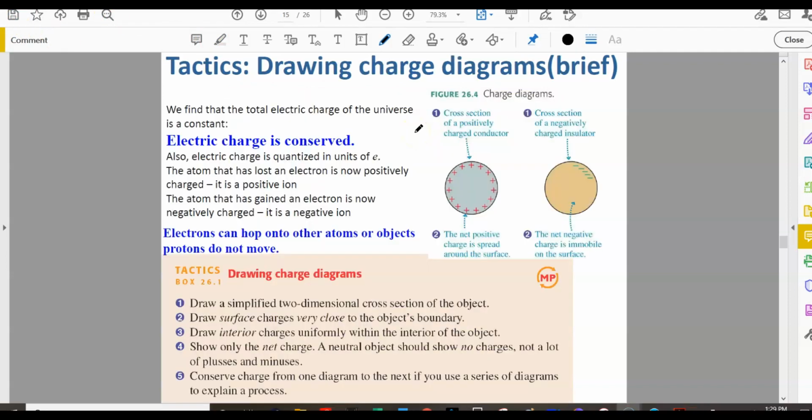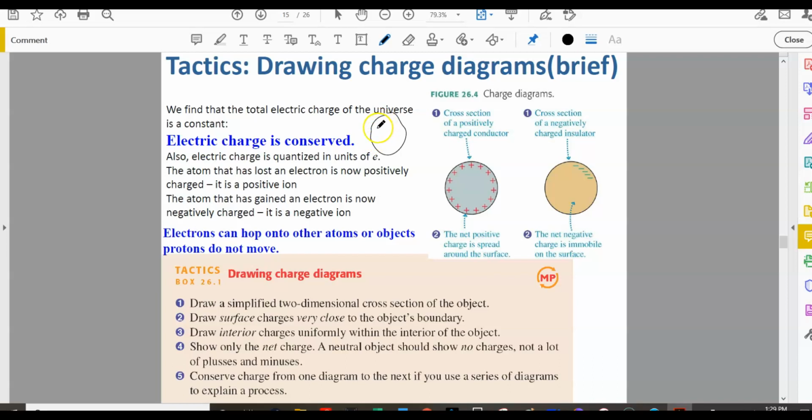So here's a brief overview of charge diagrams, right? So if you have an object that is neutral in charge, you're not going to account for all the positives and negatives on an actual object, right? Can you imagine just even a marble that's not that big? It has so many protons and electrons, you could not account for it, right?